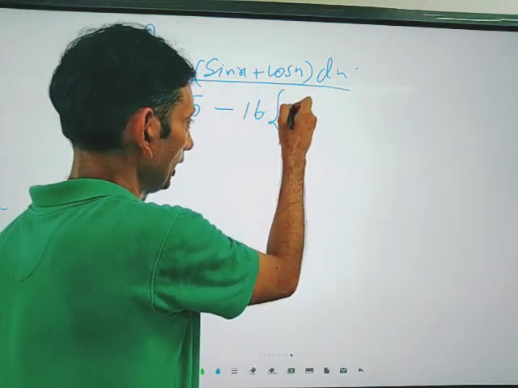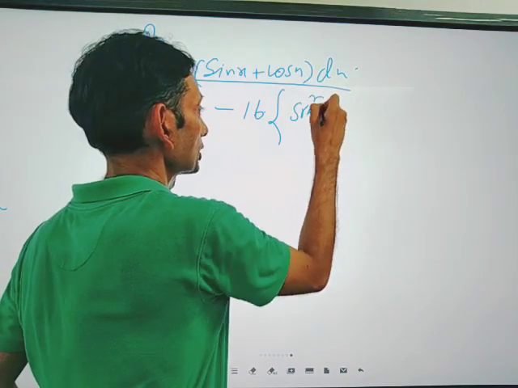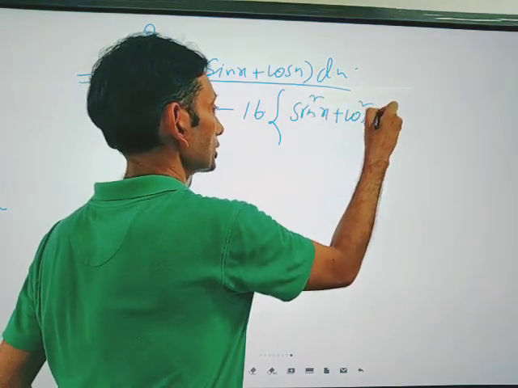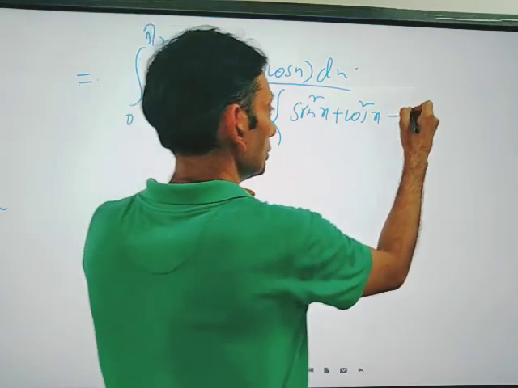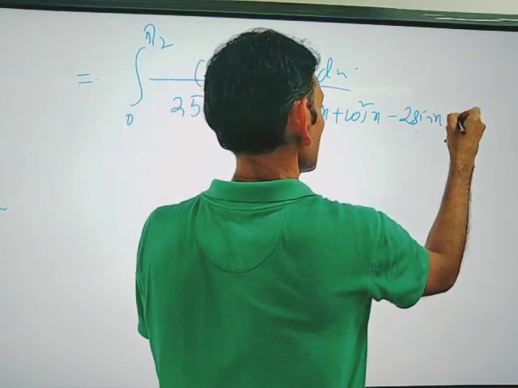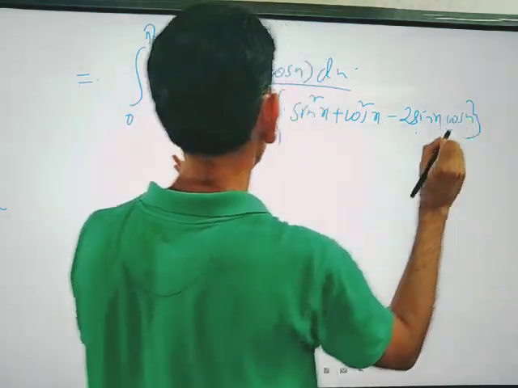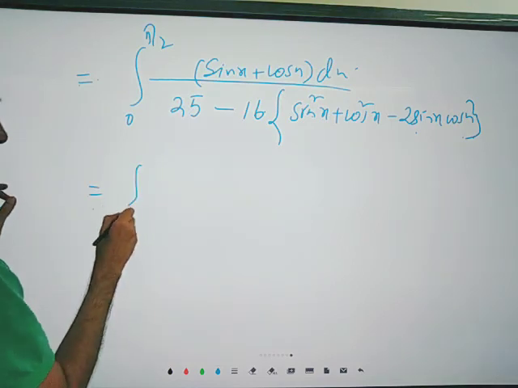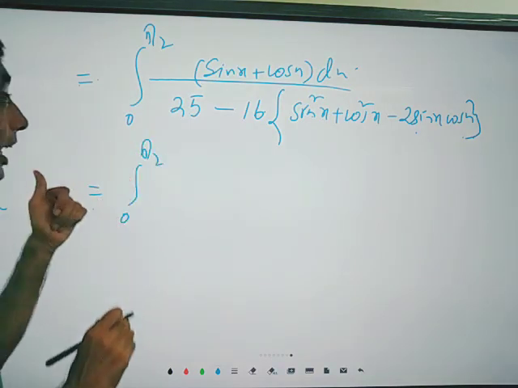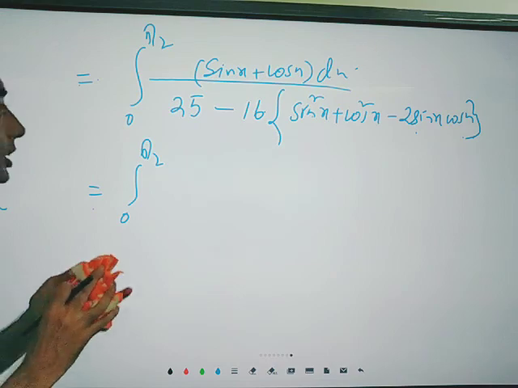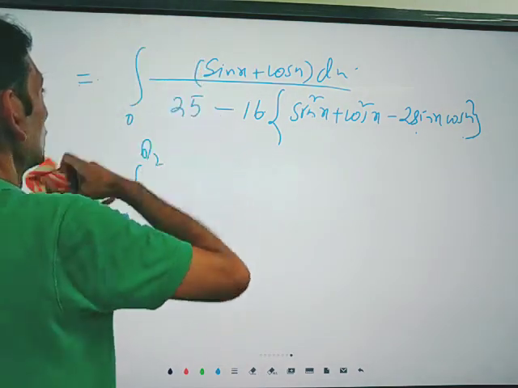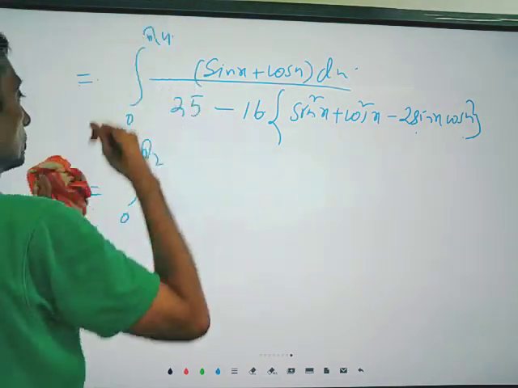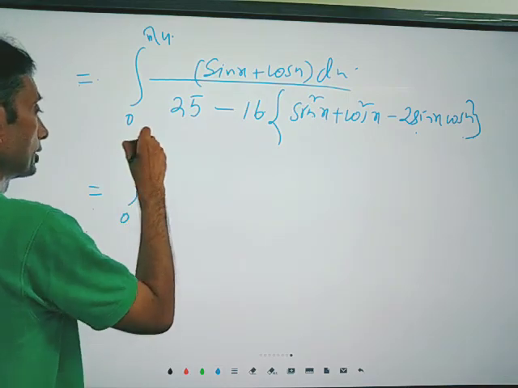This 1 can be written as sin square x plus cos square x minus 2 sin x cos x. So the limits are 0 to pi by 4. Actually it's not 0 to pi by 2, it's 0 to pi by 4. Remember this.